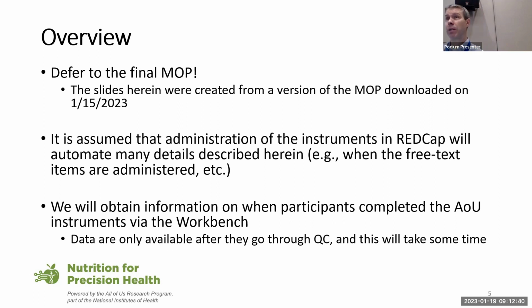Possibly some of that can be automated with Ronke and the system, but we just don't know yet. So we'll hammer out those details here in the next couple of weeks, but please be prepared to do so. When you go into the workbench, per our understanding, you will be able to see when your participant completed the surveys, but you may not see the actual data in there. And apparently that's okay because it has to go through a QC process.